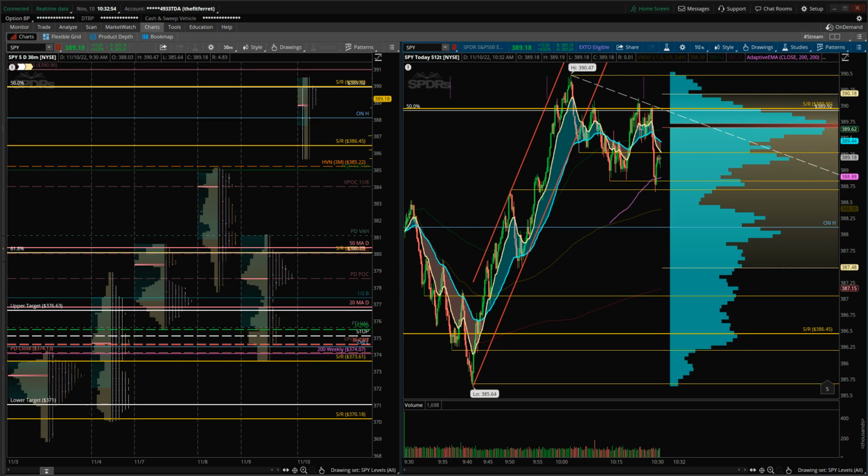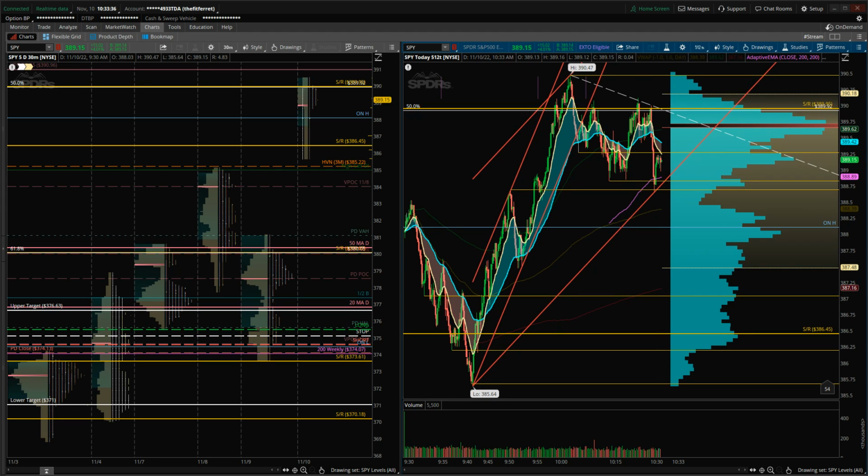I think we're going to draw a broader channel on the day to see how that lines up. See if there's anything significant there. All right, so that's our channel on the day. Oh, well, I was messing with that.